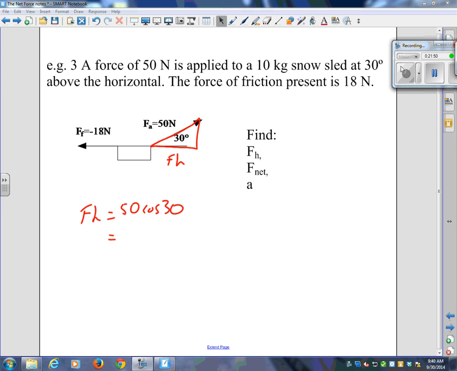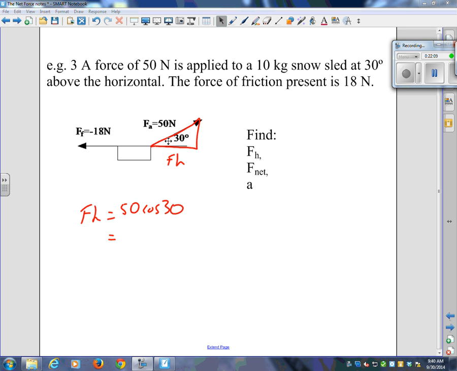Will it always be cos? The horizontal component, will it always be cos? I will say that 99% of the time it will be cos. Do you know why? It doesn't have to be, but there's a reason why. Because they almost always give you what angle?